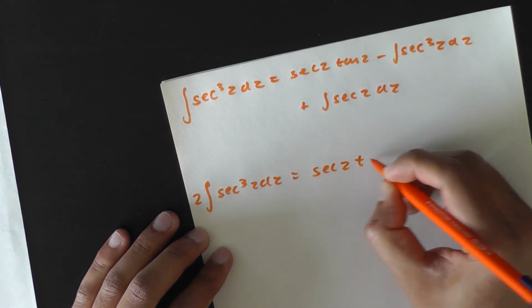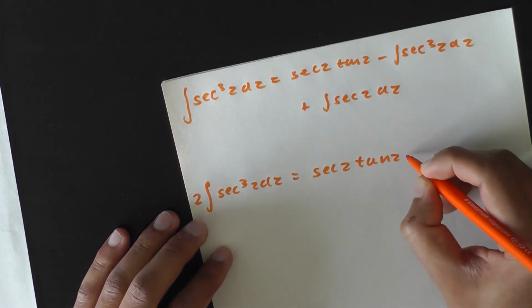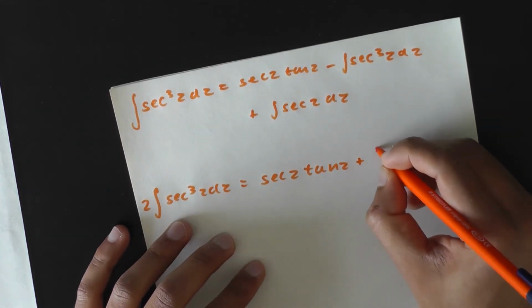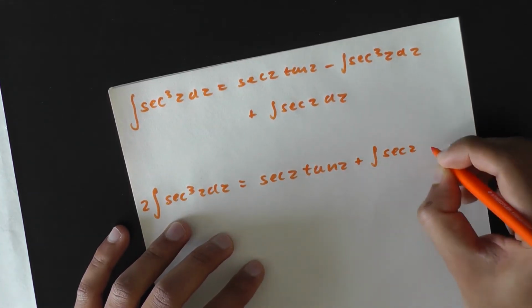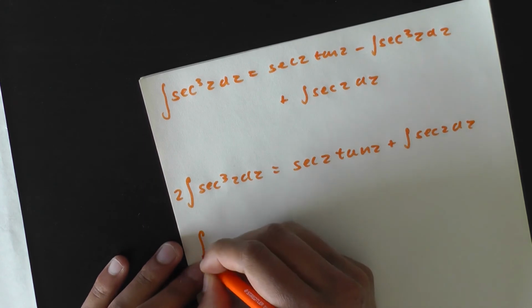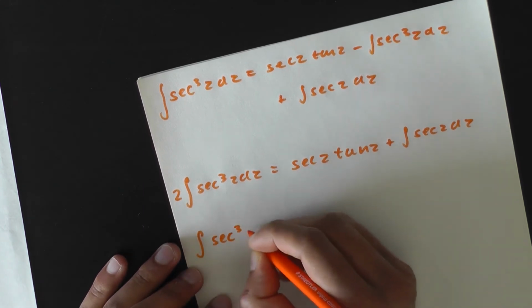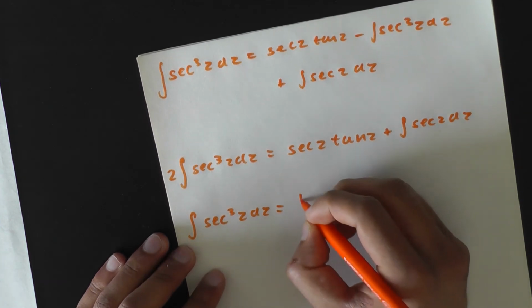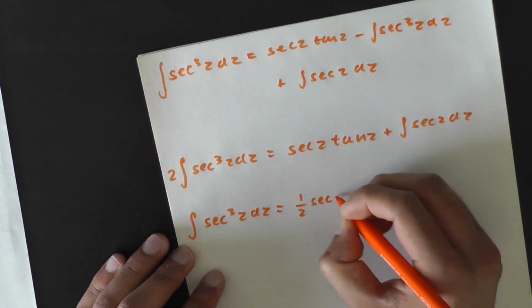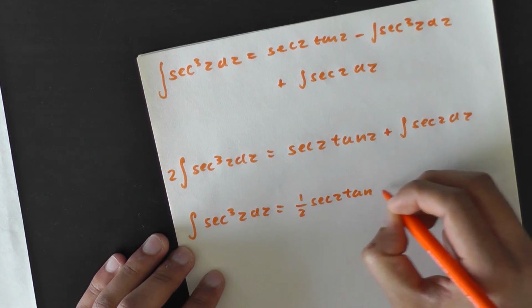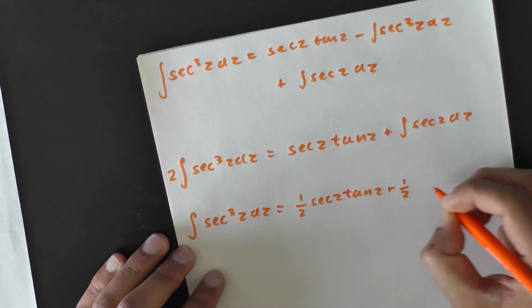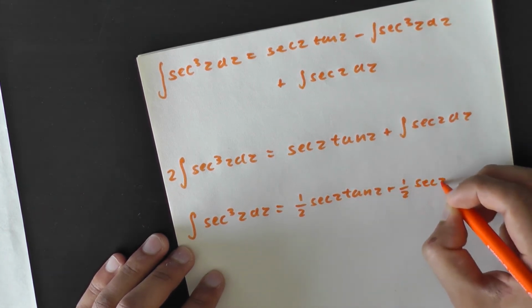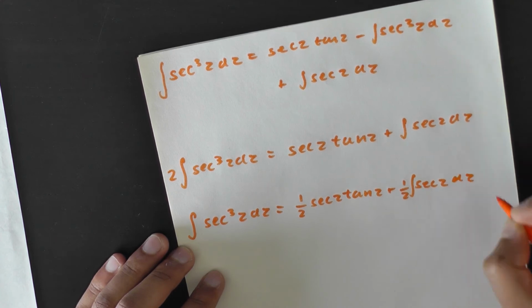Sec z tan z plus sec z dz. So our integral of sec cubed z dz equals half sec z tan z plus half integral of sec z dz.